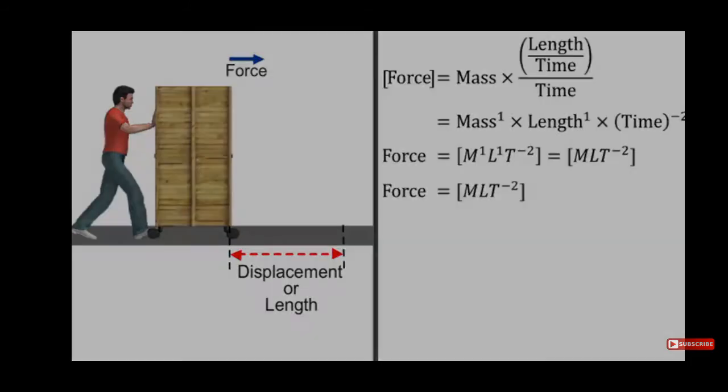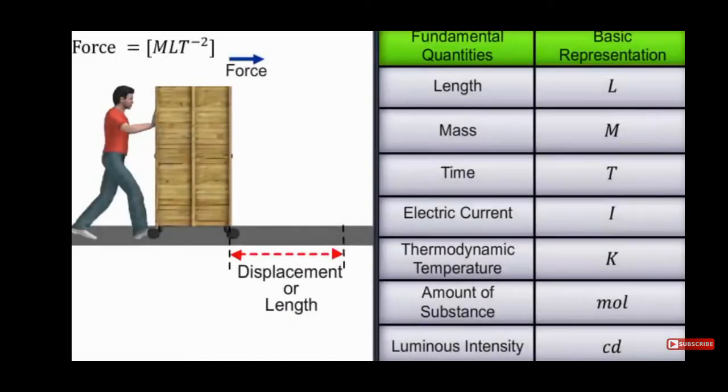Of the 7 base quantities in the SI system, we see that only 3, namely mass, length and time, exist in the dimensional formula for force. Thus, we can say that the dimensions of all the other 4 base quantities in the expression for force are equal to 0.